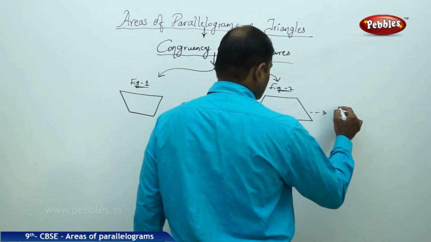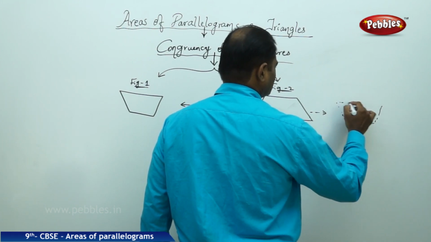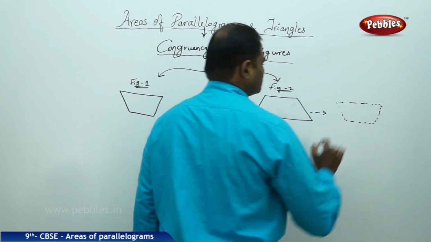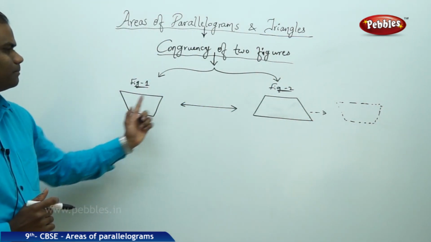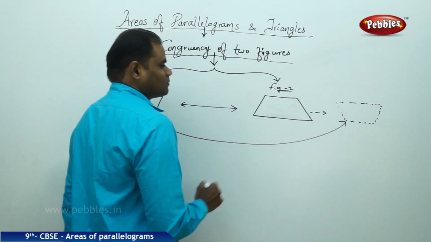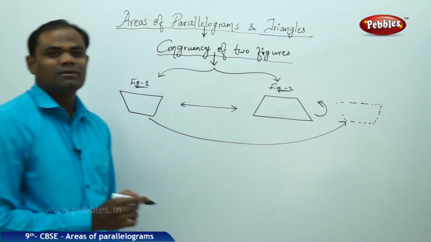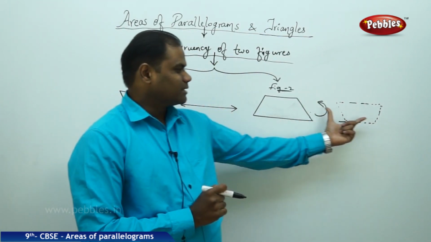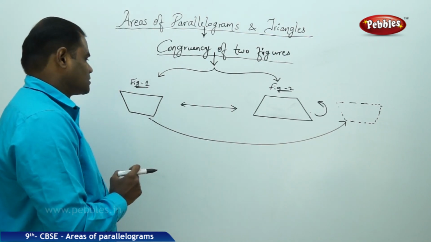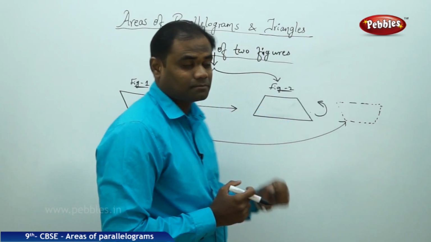So this is connected with this when this is rotated into this. So this is exactly the same as this. So congruency of two figures is when they have the same shape and of course the same size.